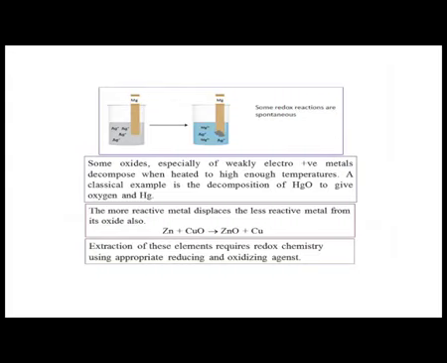So, that is the simple heating of HgO itself, but we can also use a reactive metal. A reactive metal like zinc is used with cupric oxide, and in this case we state that the more reactive metal displaces the less reactive metal from its oxide.